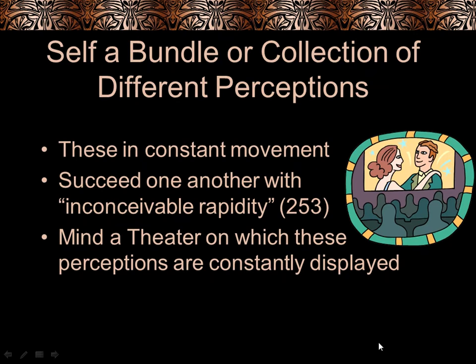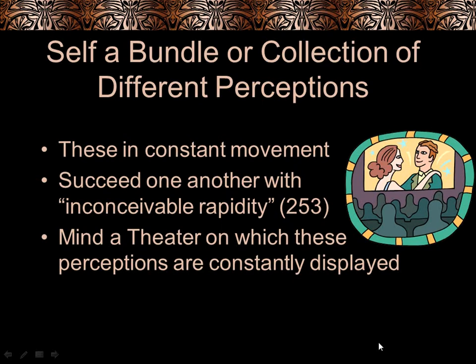The mind's a theater where all of these experiences fleetingly come and go incessantly, but there's nothing that continues the same throughout. And so what Hume says is, as human beings, our human nature steps in where reason fails us, and we tend to impose a sameness on our experience that isn't there.